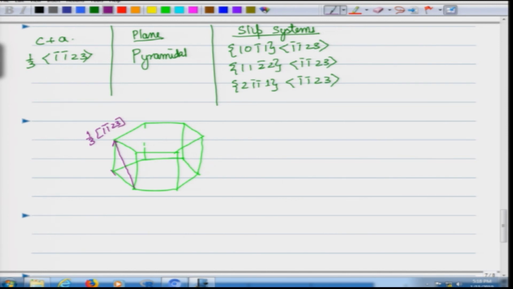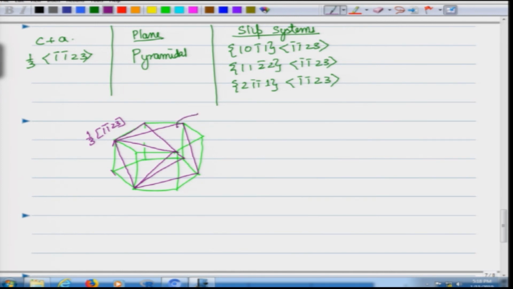So, the first plane that we talk about is this one, this is one of the pyramidal planes, the other one is this one, and the third one is this one.